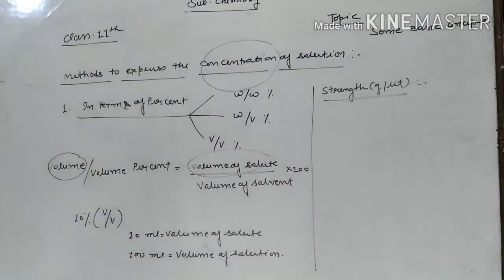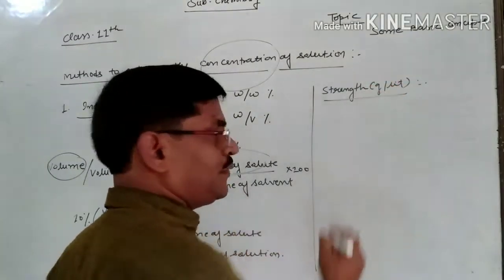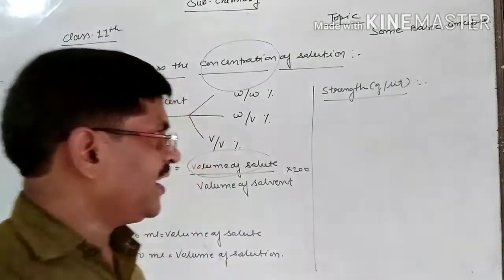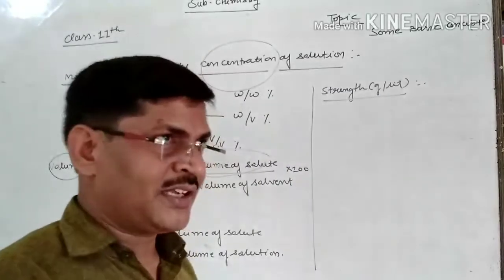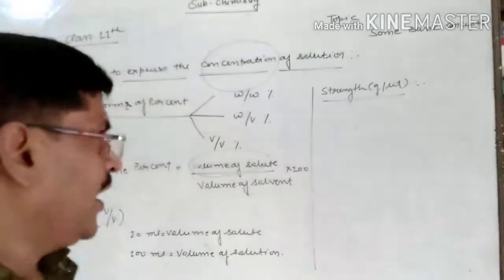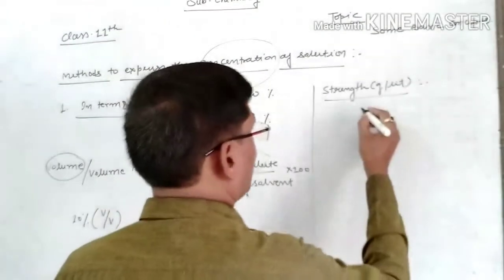Strength in gram per liter. It indicates that the mass of solute present in per liter volume of the solution is a representation of concentration of solution in terms of strength. So what will be the formula for this?